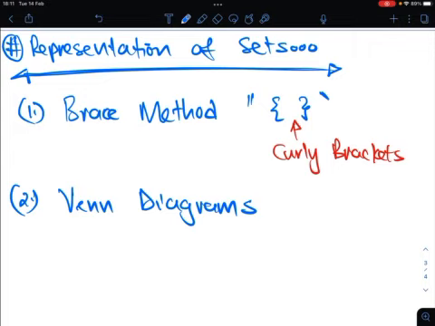Now we'll first start by looking at the brace method. How do we use braces to represent sets?